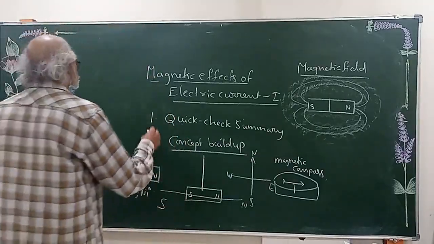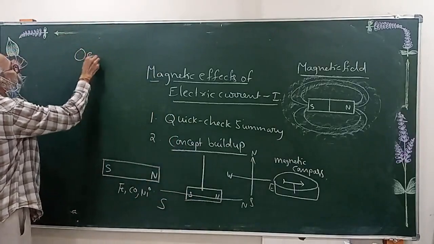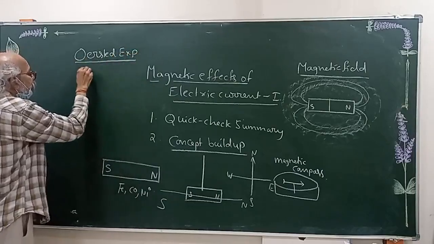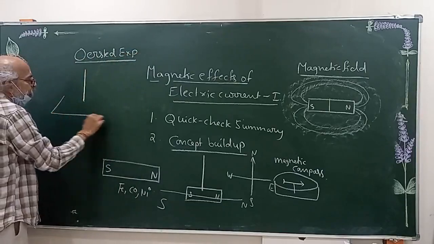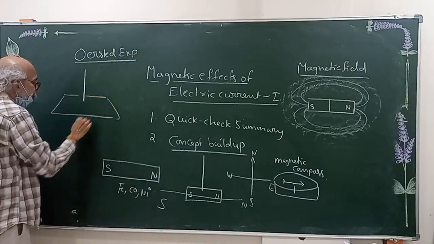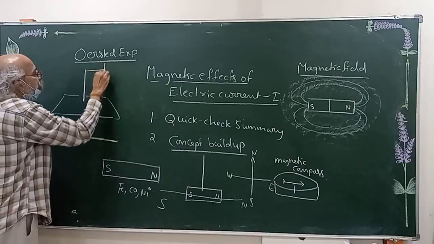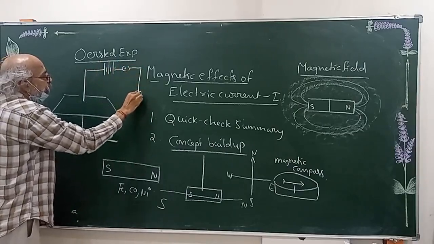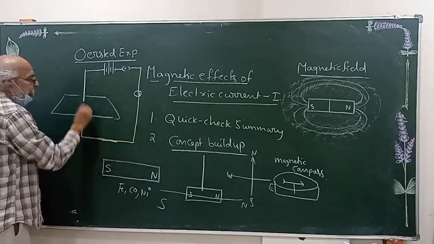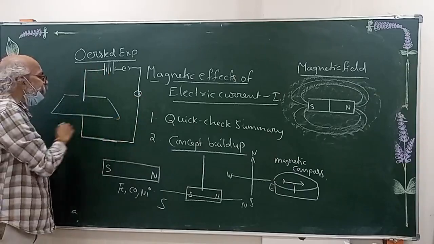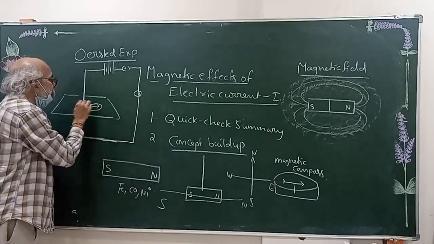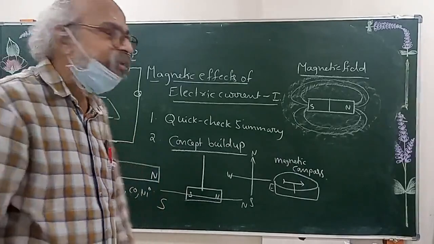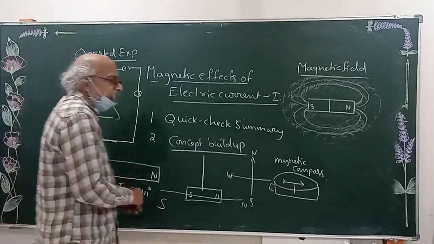You know very well this Oersted experiment. After the Oersted experiment, people came to know that a conductor wire, any copper wire, made to pass through a thermocol sheet and connected across an electric cell, key and ammeter, when the key is connected, the compass placed near the conductor, when it starts carrying current, immediately started deflecting.